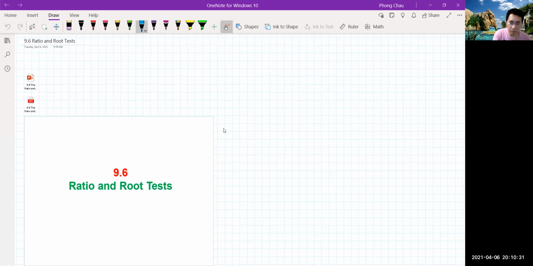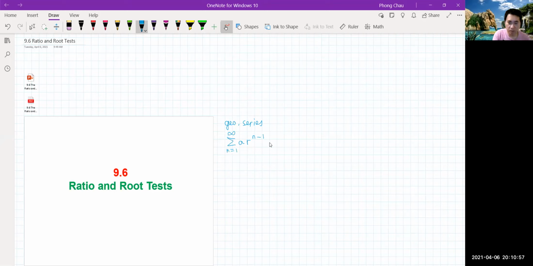Do you remember the geometric series? Okay, so again, what's a geometric series? The geometric series should have the form a times r to some power n, no, n minus 1 actually. It doesn't matter.